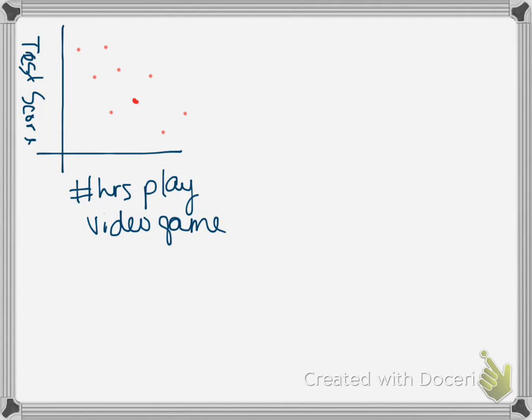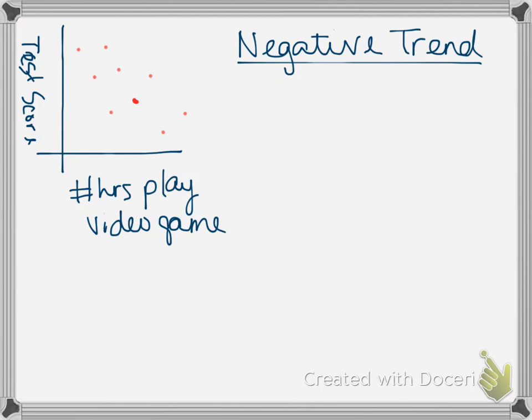So here you can see that this is going to be a negative trend. It is still discrete, okay, because as the number of hours goes up, your test score goes down, okay.